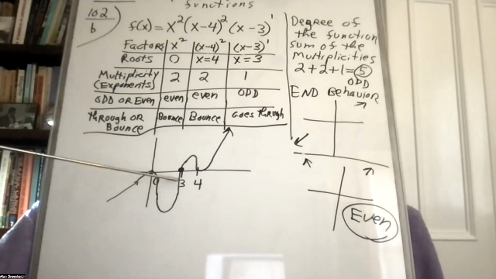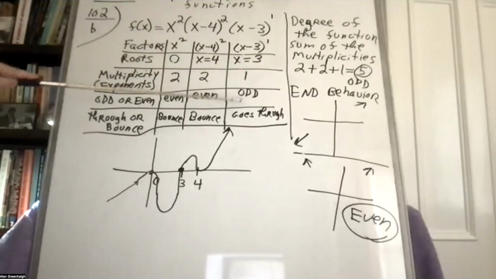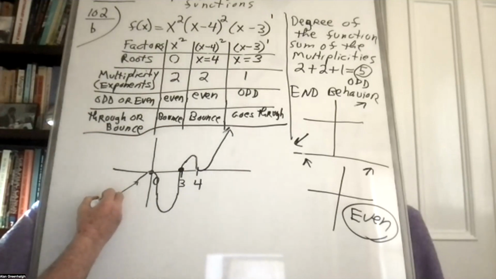Comes around, goes to 3. What happens at 3? It's an odd number. It goes through. It then curves around to 4. What happens at 4? It's an even exponent. So again, it bounces and goes off into space. Okay? And that's what the graph looks like.